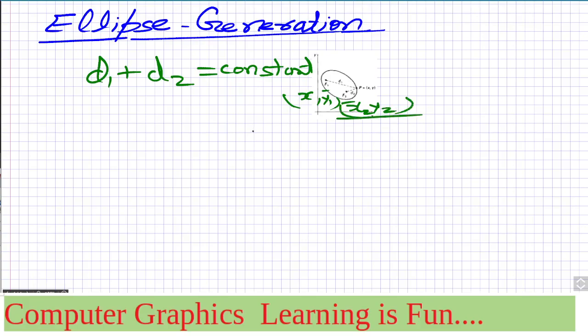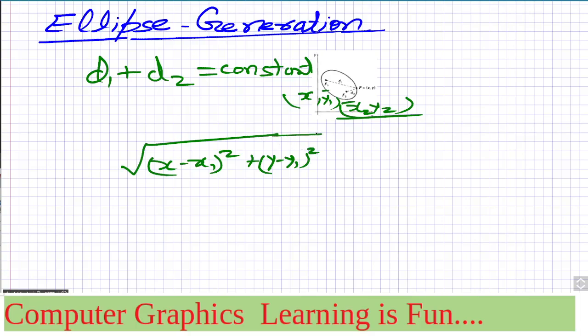Considering these 2 points as foci, any new point xy can be treated like this: under root x minus x1 square plus y minus y1 square, plus this distance, under root x minus x2 square plus y minus y2 square.